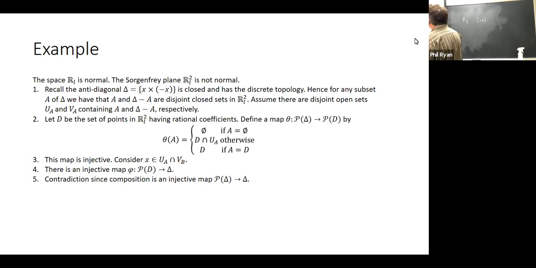Okay. So how do we show that that's not going to work? Well, we do contradiction. So let's assume that there are disjoint open sets UA and VA. So UA containing A and VA containing the complement of A in the anti-diagonal.